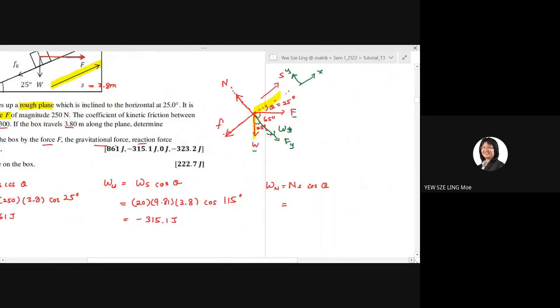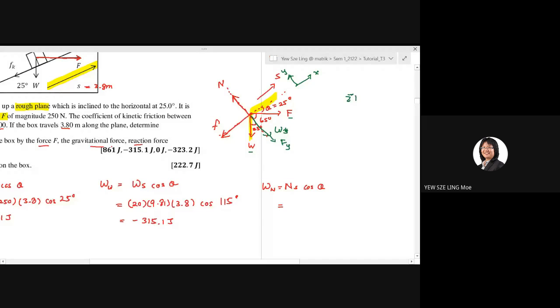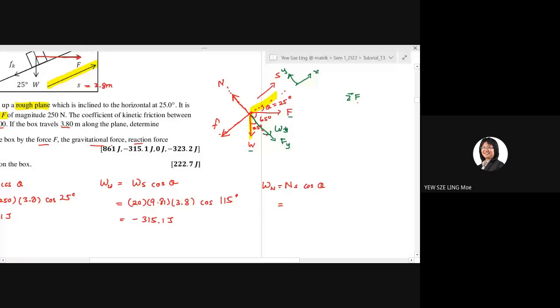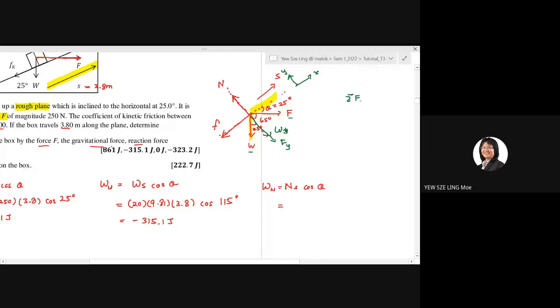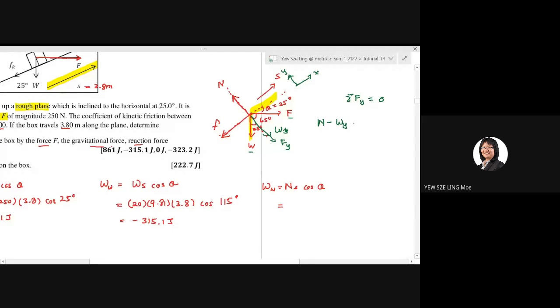So what we can do is calculate the normal force by using Newton's first law. Because my object is moving along the x component, there's no motion along the y component. So the summation of Fy equals 0: N minus Wy minus Fy equals 0.